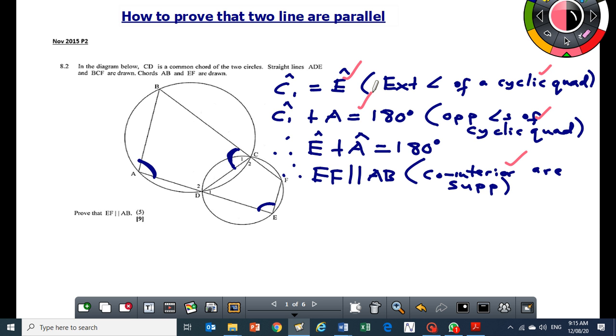Then you get 5. So that's how you prove that 2 lines are parallel. I'm going to give you homework later on in the day. Today I'm going to introduce the tangent theorems.